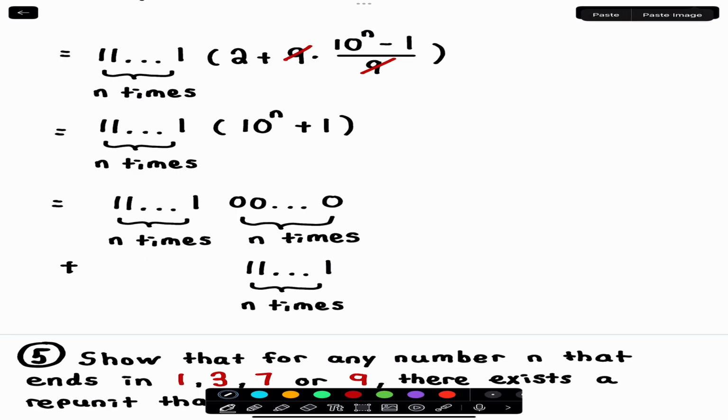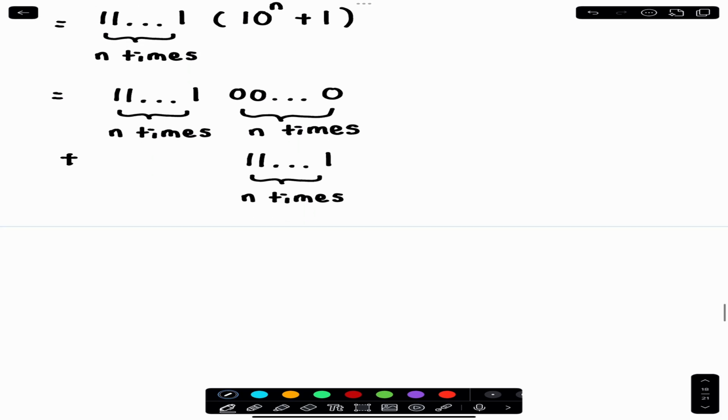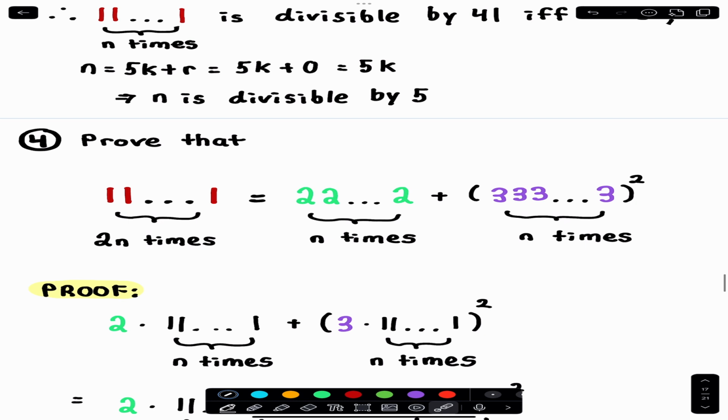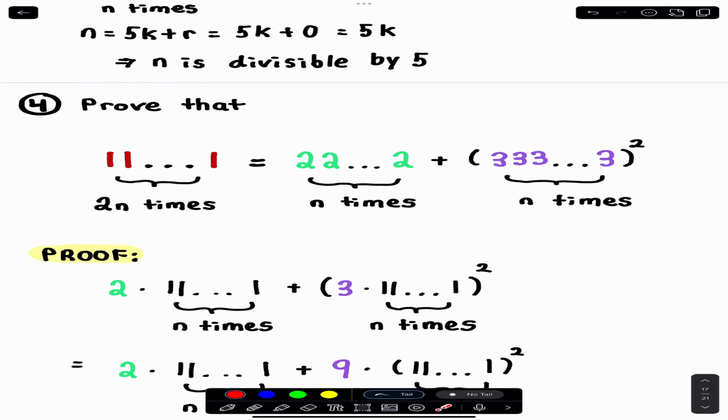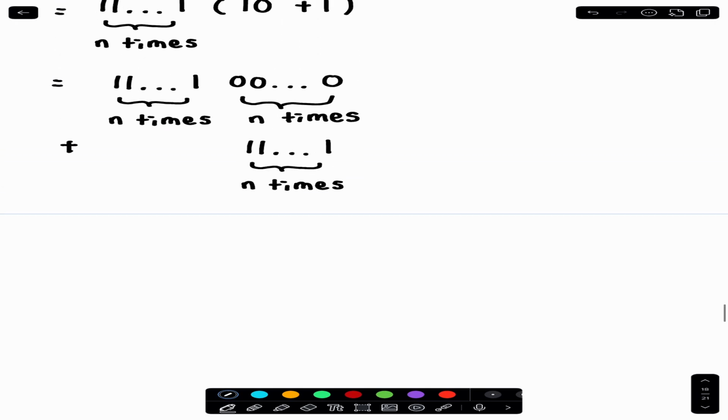And now, what do we have? If you remember, at the start, we want to show that we could go from here to here. So we need 2n copies of 1. Do we have that when we add things up column-wise?